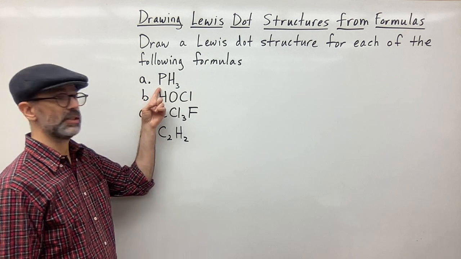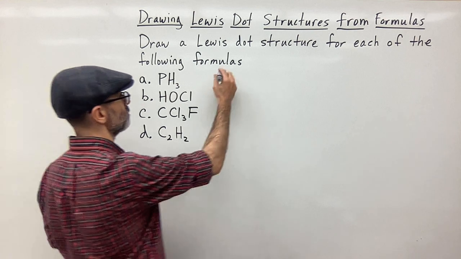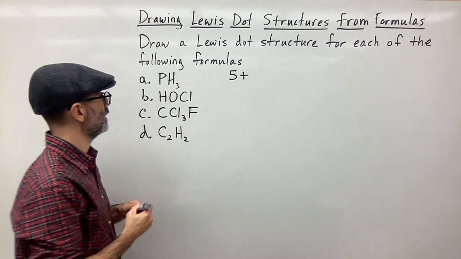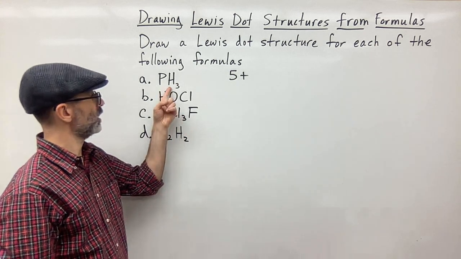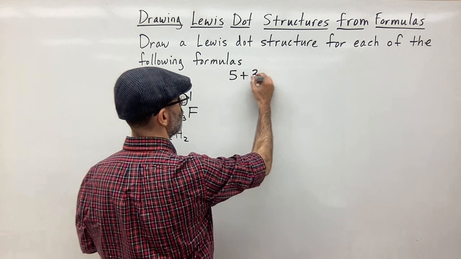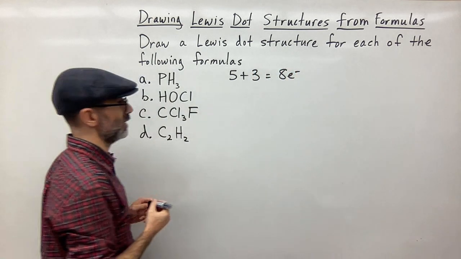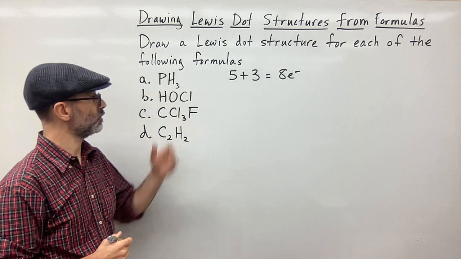So phosphorus is in group 5, so it has 5 valence electrons. And each hydrogen has 1 valence electron, and we'll have 3 hydrogens, so that's a total of 3. So I have 8 total valence electrons to use in my structure.